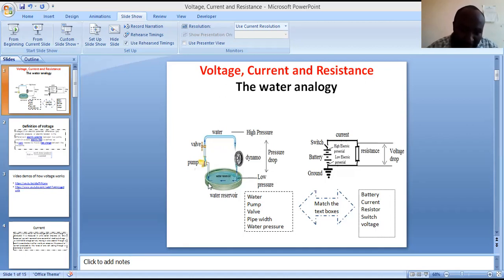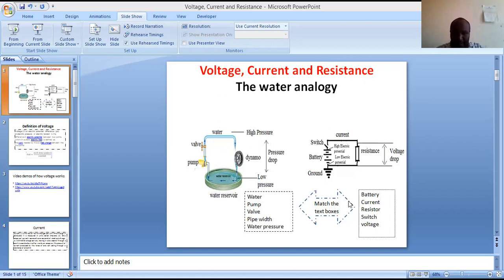Now it also requires to pass through the pump again to get the energy and the pressure to be able to run the dynamo continuously. So that simple analogy is likened to what voltage and current and resistance is in an electrical circuit.